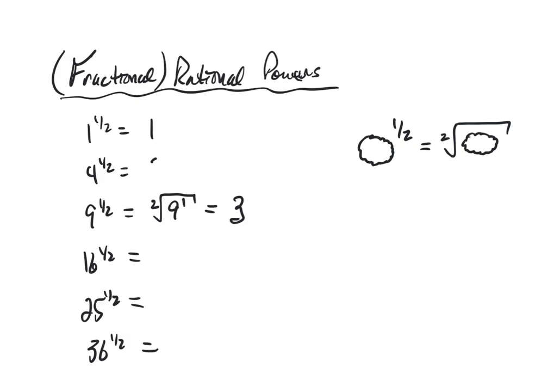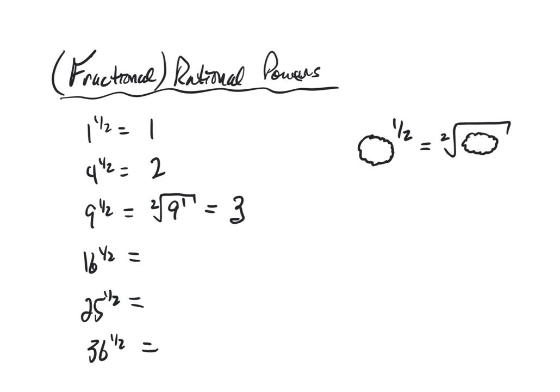The square root of 4 is 2. We've already done this, but I'll do it again. 9 to the 1/2 is the same as the square root of 9, 3. 16 to the 1/2 is the same as the square root of 16, 4. 25 to the 1/2 power is the same as the square root of 25, 5. And 36 to the 1/2 power is the same as the square root of 36, 6.